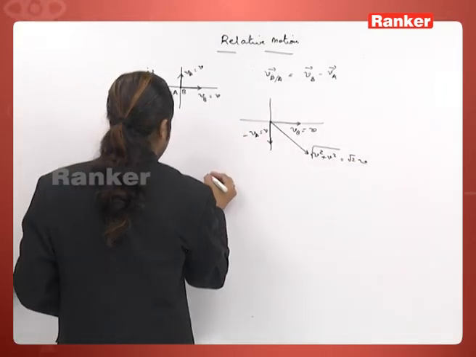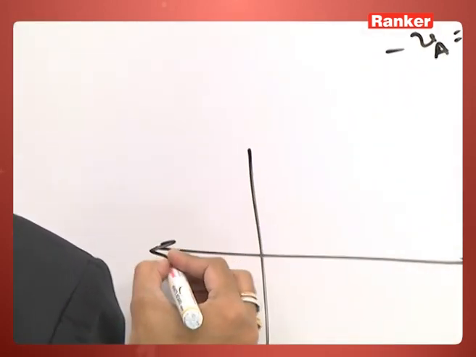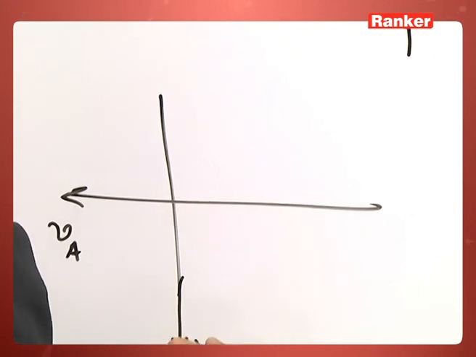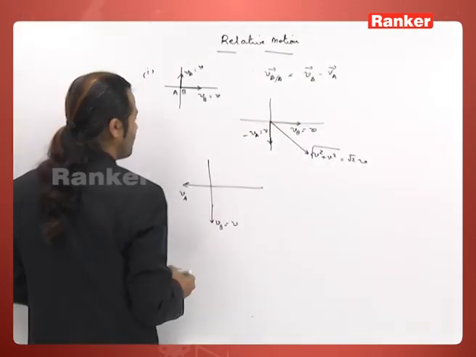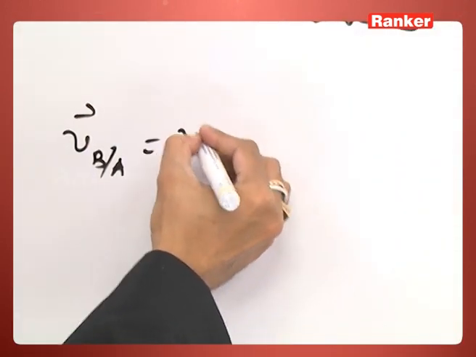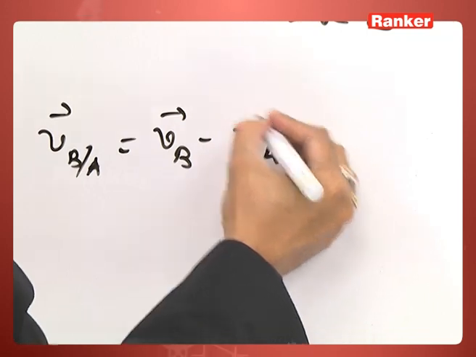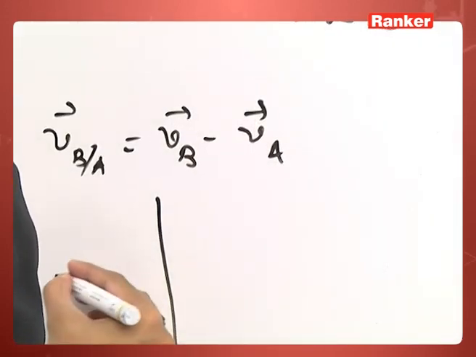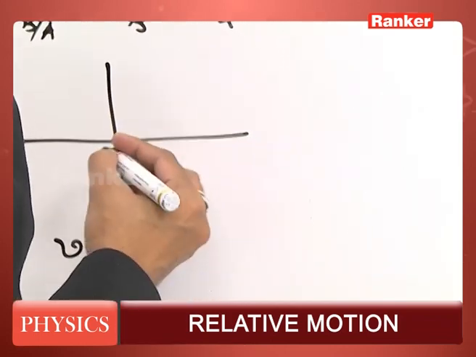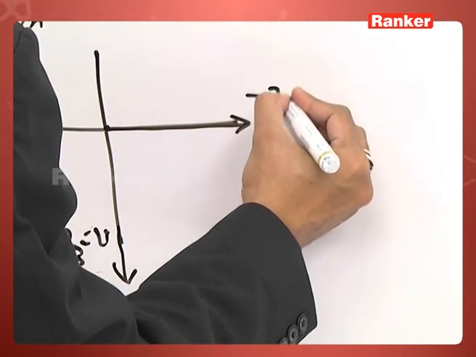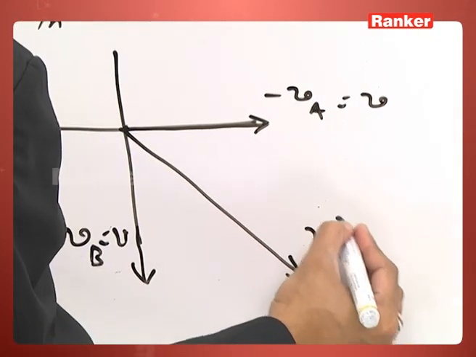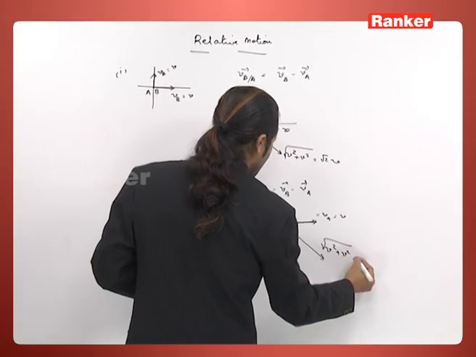Similarly, you can have two bodies, VA moving like this and VB moving like this. Now the velocity of B with respect to A: VB is in this direction, and minus VA will be in this direction. Again the resultant will be in this way, square root of V square plus V square.